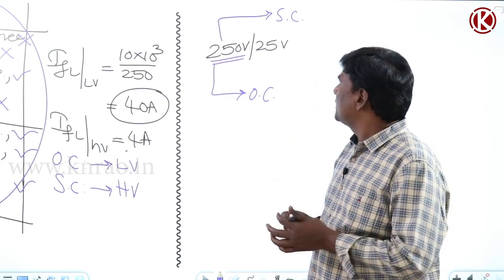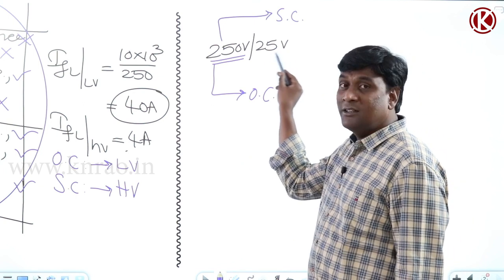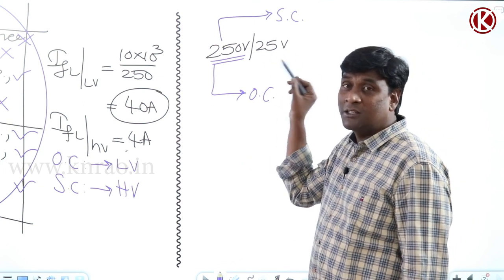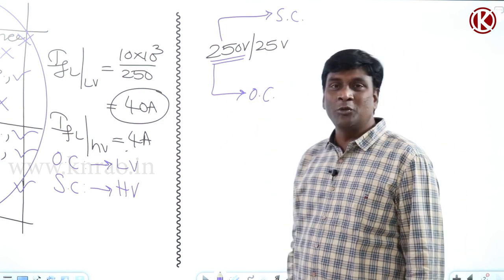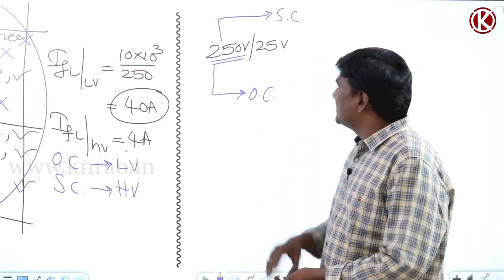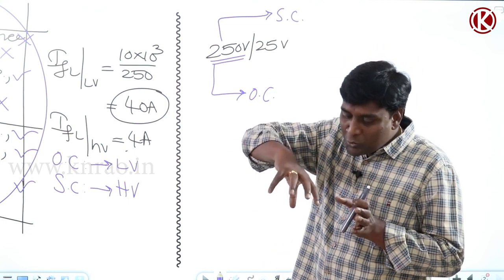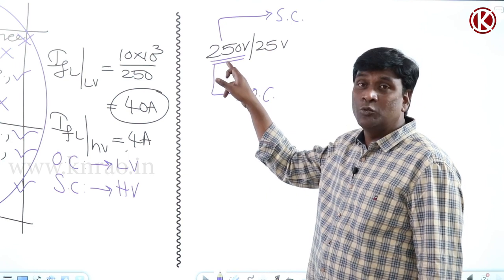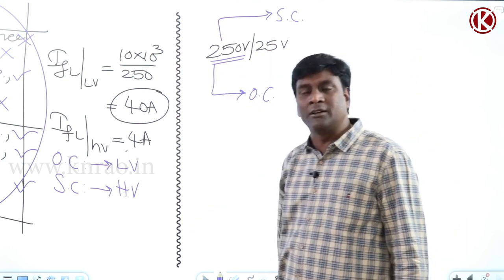For example, if you think of 10%, how much voltage should be applied in order to circulate rated current? If you conduct your SC test on LV side, 2.5 volt, but here this is going to be 25 volt. If you keep some dimmerstat to vary the voltage, at least you can rotate a bit in order to get 25 volts in this case. But in order to get 2.5 volts, it is very difficult.